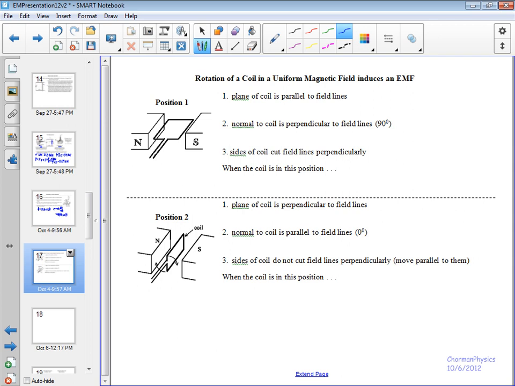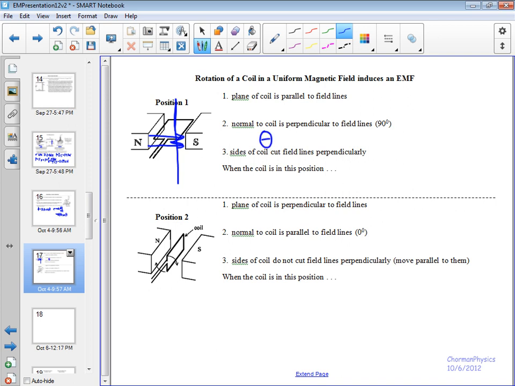So when the coil turns within this magnetic field, we're going to do some examples of this in class as well. What we have in this position is the plane of the coil parallel to the field lines, and the normal of the coil perpendicular to the field lines.